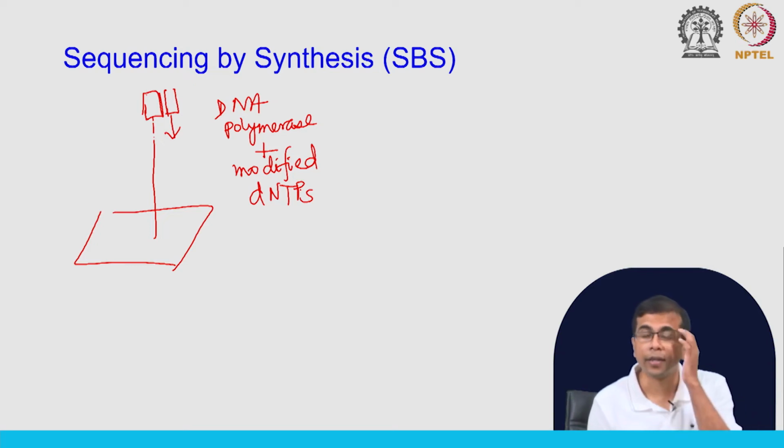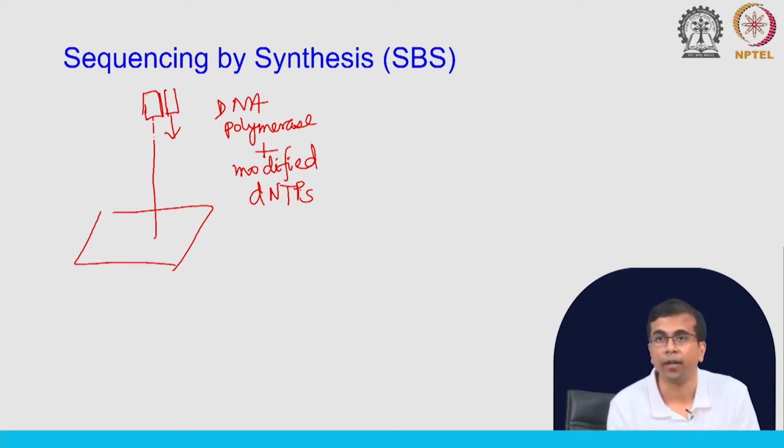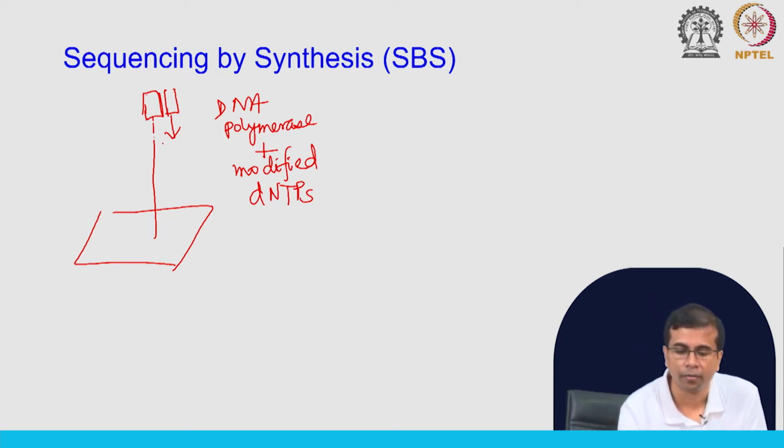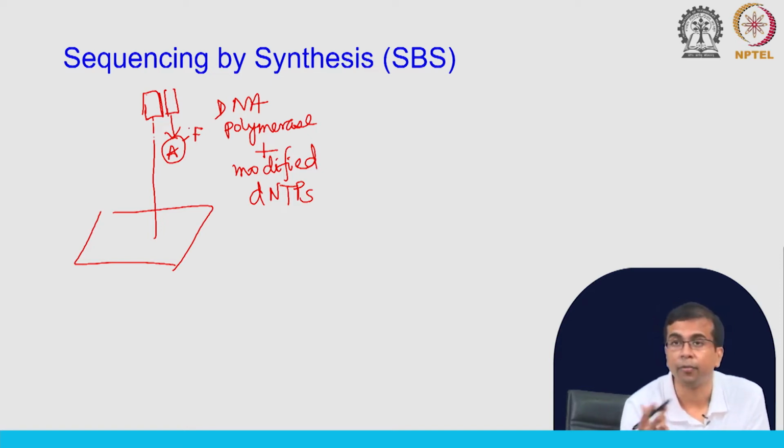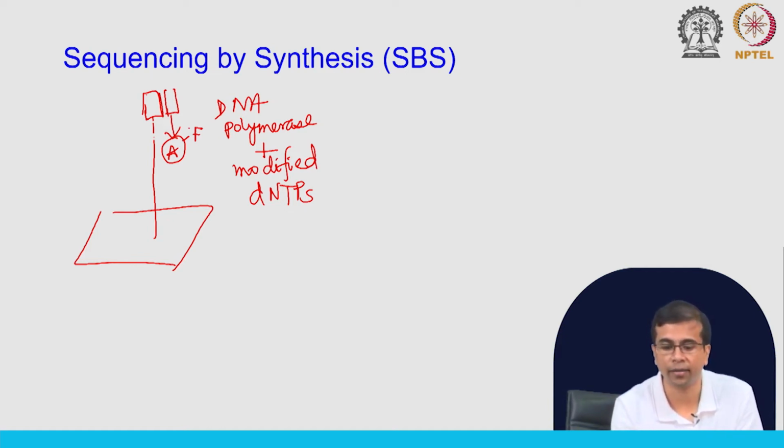Okay. So, as I have just mentioned, these are reversible terminators. What happens, let us say there is addition of A, and it has a fluorescent signal F, and this may be a unique one. If you can imagine, let us say it is red, this fluorescence.